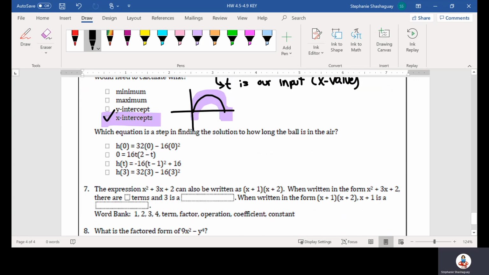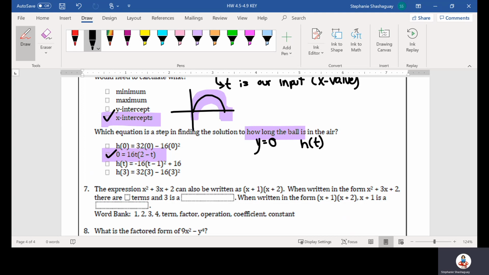Which equation is a step in finding the solution to how long the ball was in the air? Well, to find our x-intercepts, that's when our y, our output, is equal to 0. And remember, y is the same thing as our h of t here. So if h of t is going to be equal to 0, we are looking for this function right here.